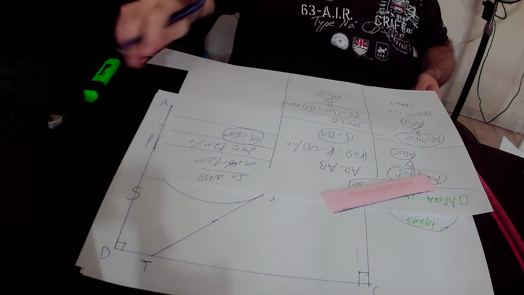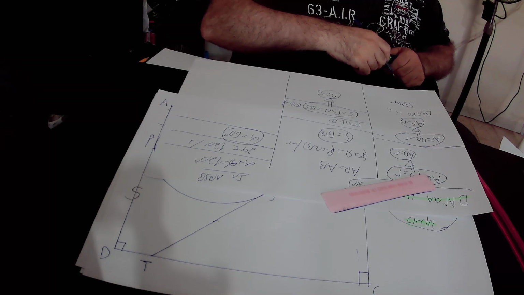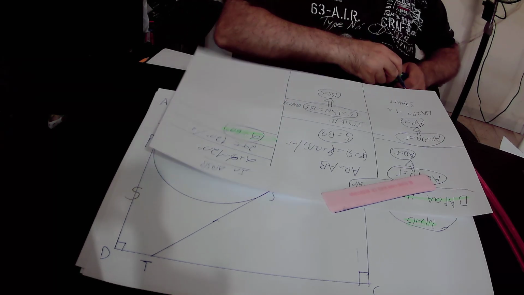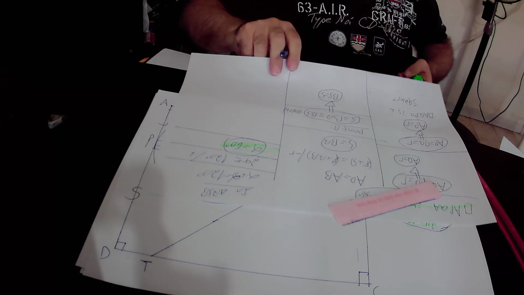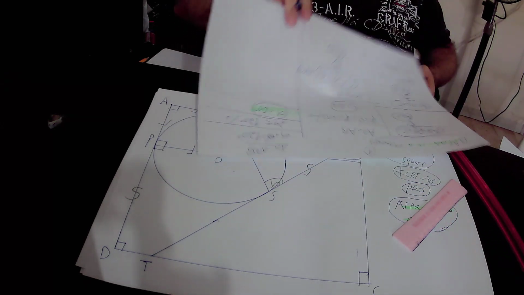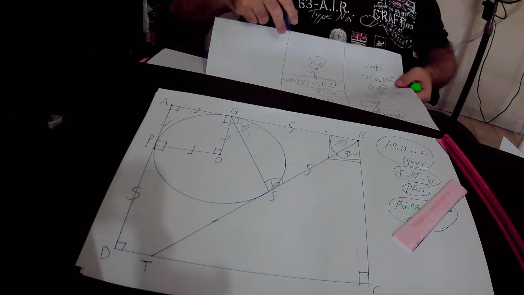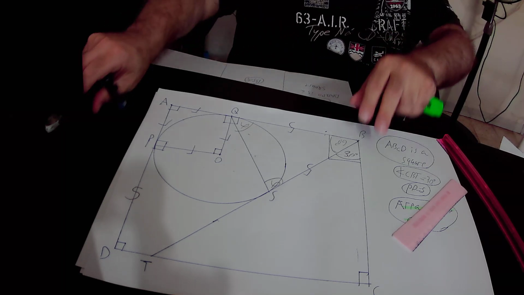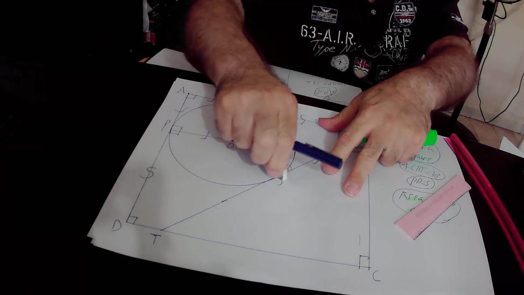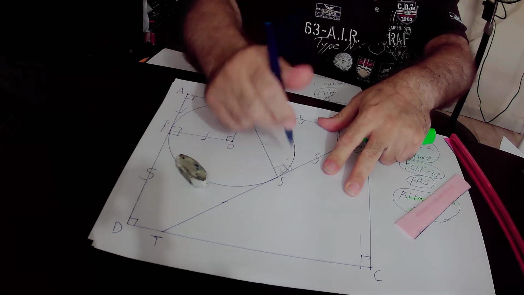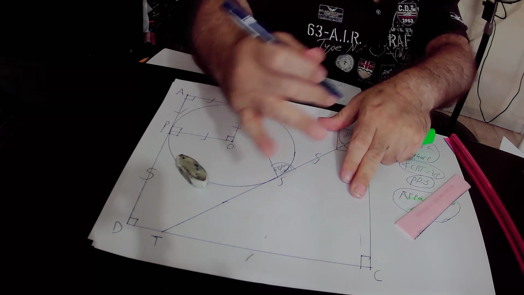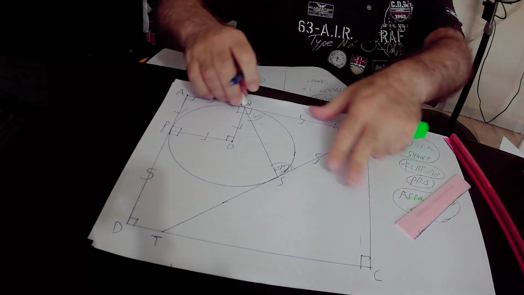Alpha equals 60 degrees. So here angle alpha equals 60 degrees, and here also angle alpha equals 60 degrees.